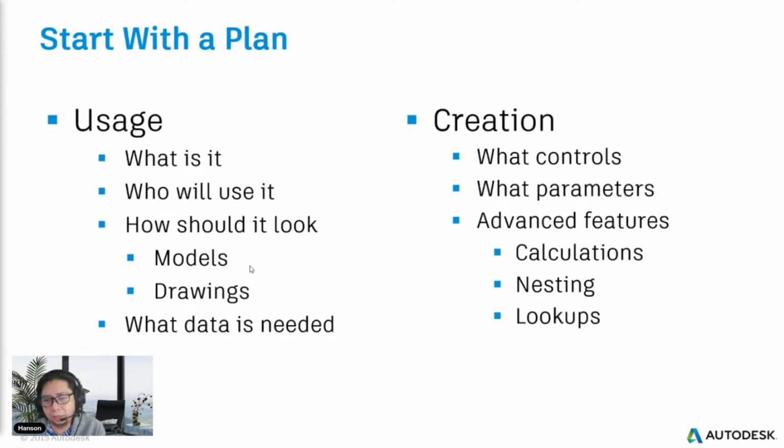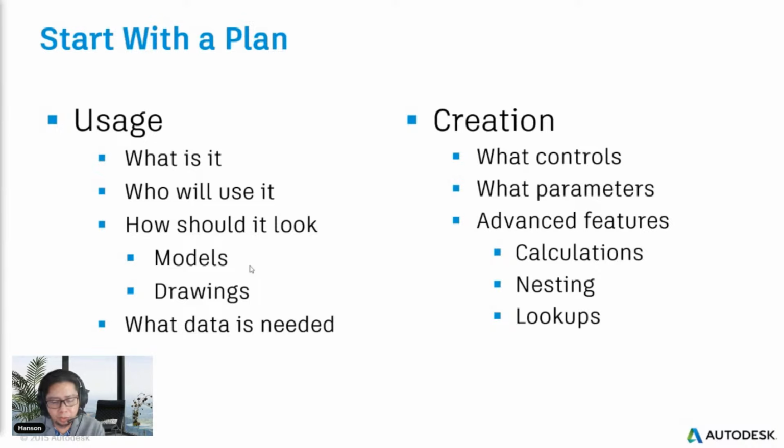How can we do that? What control is needed? What is the advanced feature? Does it have calculation, is it nesting, or is it hosted? And then lookup. This is something that Excel can do, a lookup of some data on a family to use it.